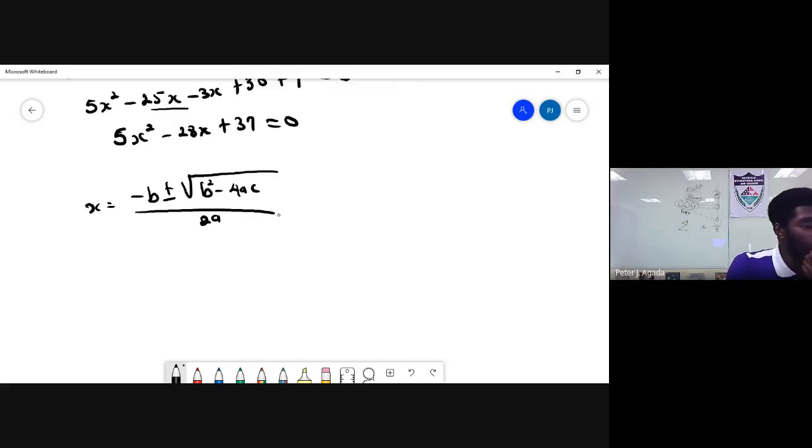So I know that from this equation that my a is equal to 5, my b is equal to negative 28, and my c is equal to 37.